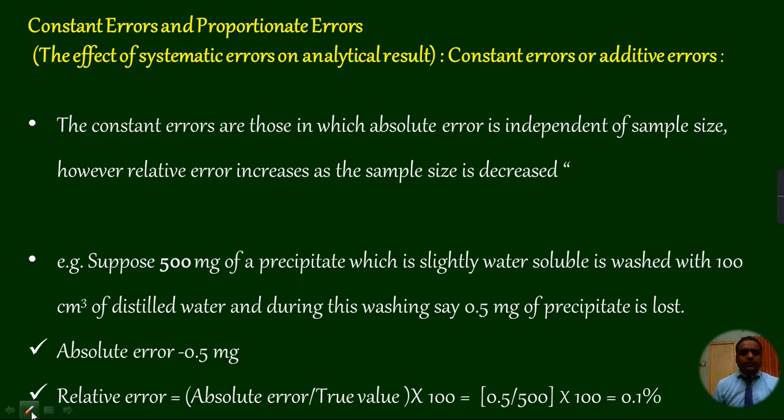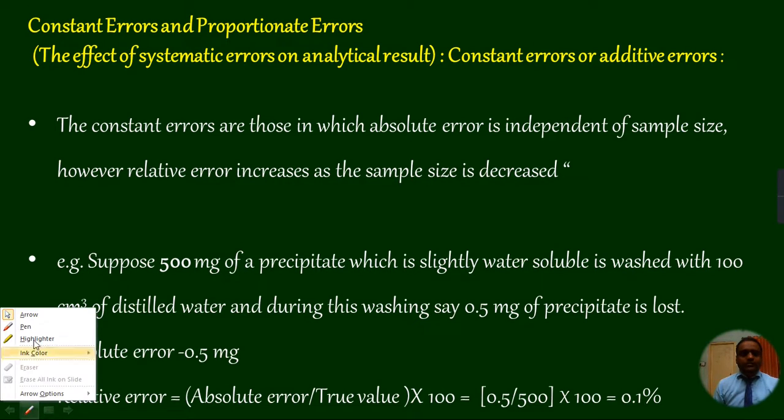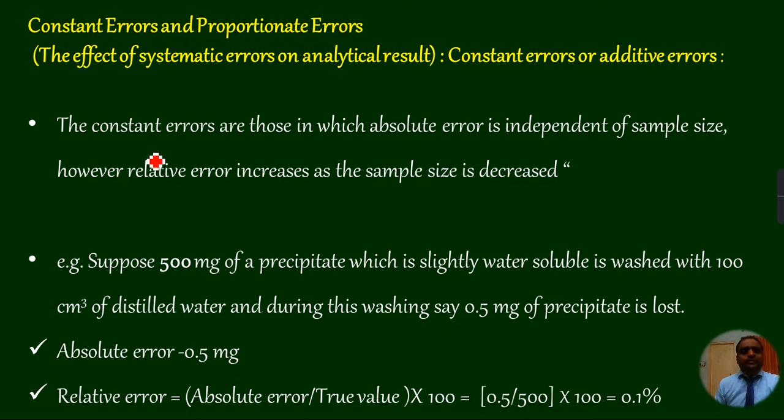Depending upon the effect of systematic error on analytical results, there are two types of errors, that is a constant error and proportionate error. So these are actually classified on the basis of effect of systematic errors on analytical results.